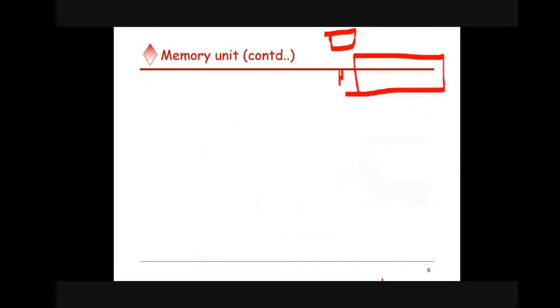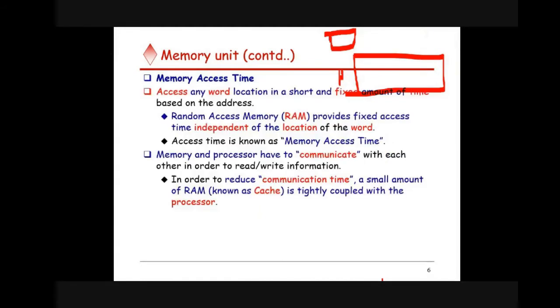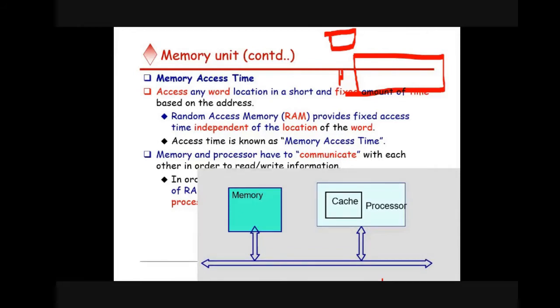And then we discussed memory access time, how it is related to the separate memory unit, and how fast the data transfer is between the registers and the processor. Cache is also a part of the memory which is present inside the processor. So this is all about the memory unit.